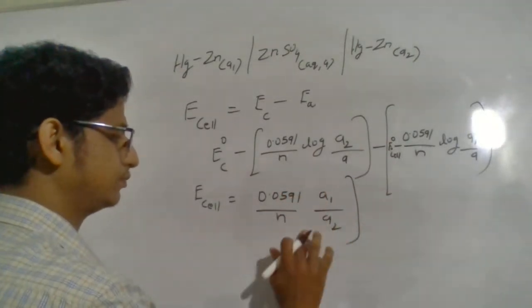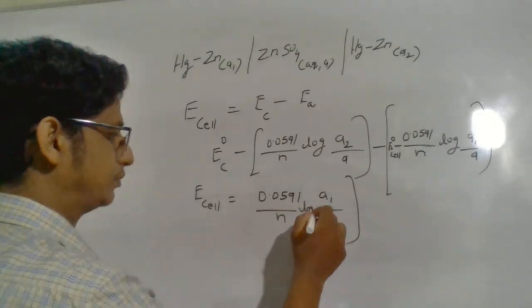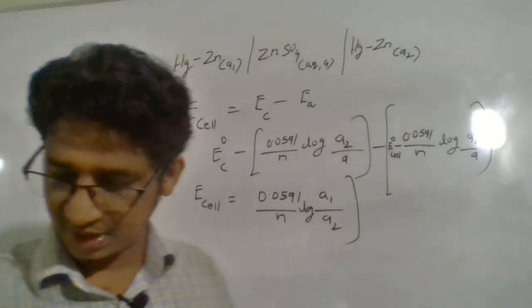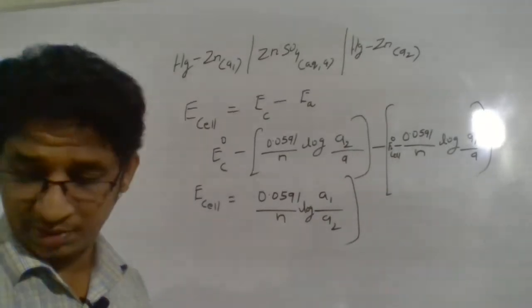So E cell is equal to 0.0591 divided by n log A1 by A2.